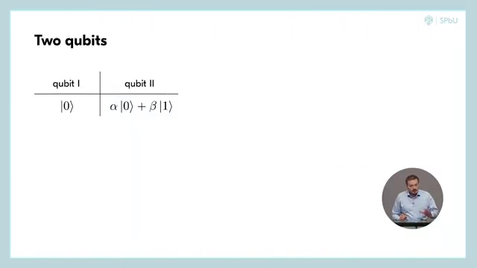Now imagine that one of the qubits has this superposition before the measurement. Can we describe this state before the measurement in the space we just constructed? Yes, we can. We can describe it like this.